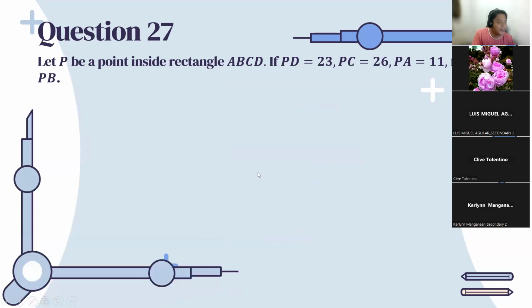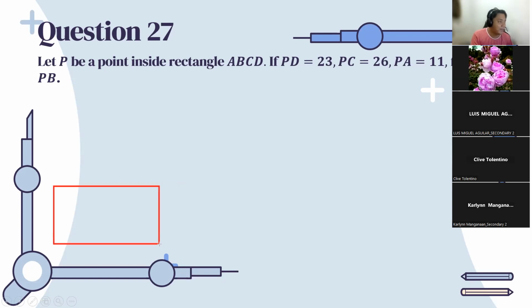Okay, next, 27. Let P be a point inside rectangle ABCD. If PD is equal to 23, PC is equal to 26, PA is equal to 11, find PB. There is already a theorem about this one.